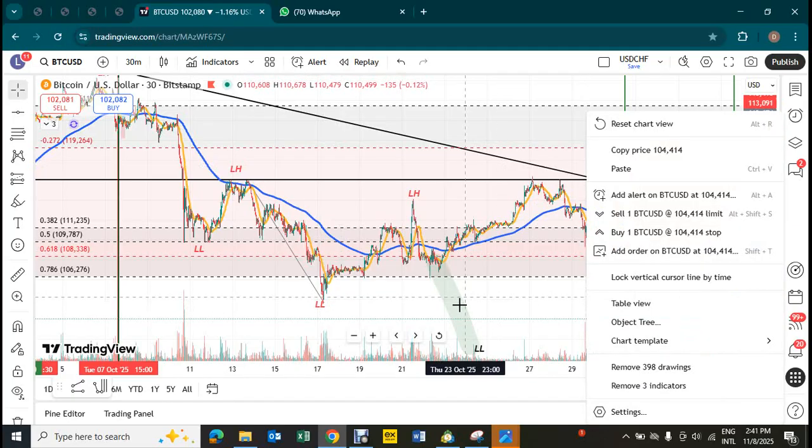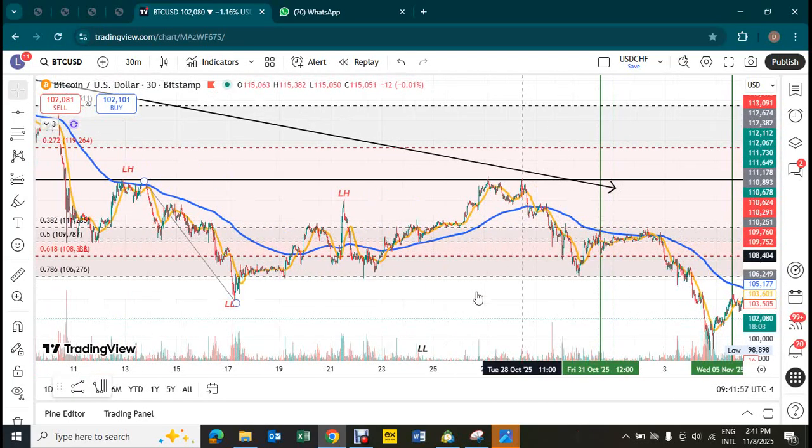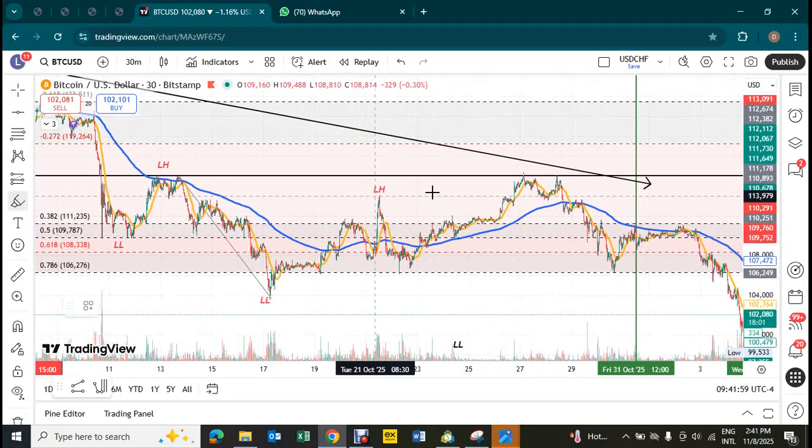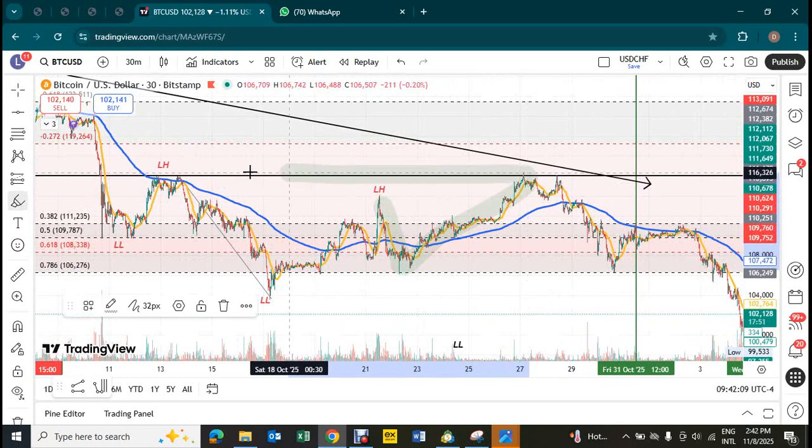Now what happened? We can see clearly here that after price came down to this level, price went up high and broke the black line which carried the LH, which means price has shifted.